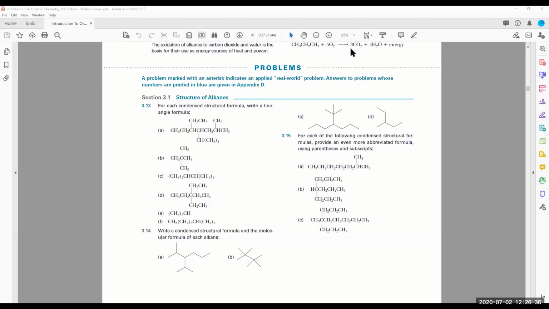So I will do that now. I'm going to share the whiteboard screen here. All right, so I'm going to draw a condensed formula for a hydrocarbon.